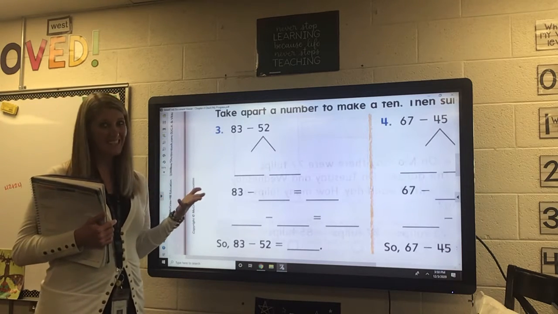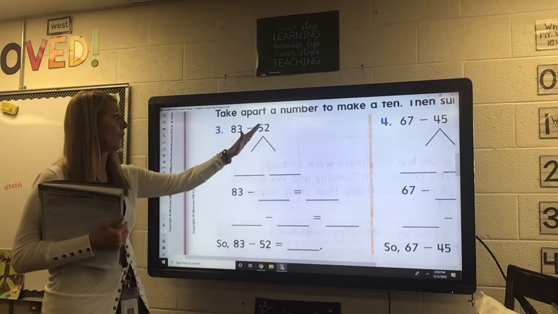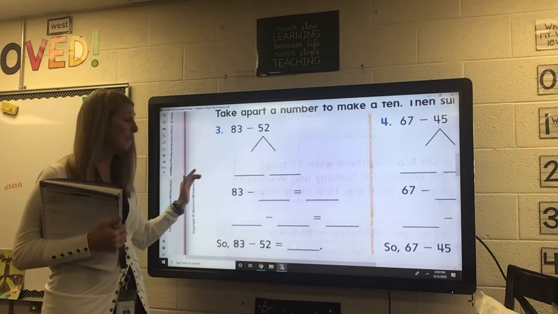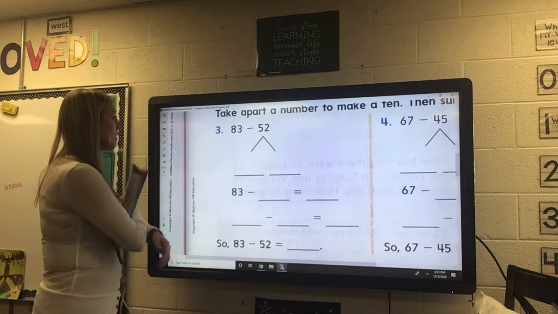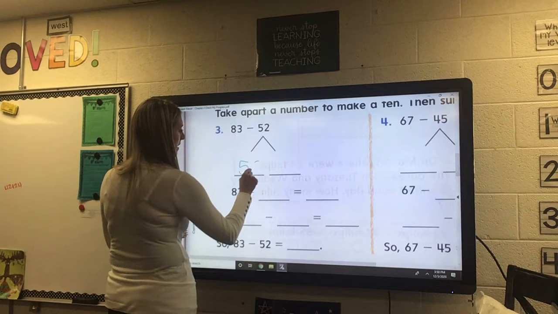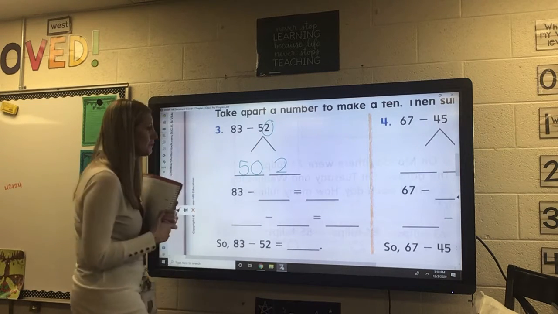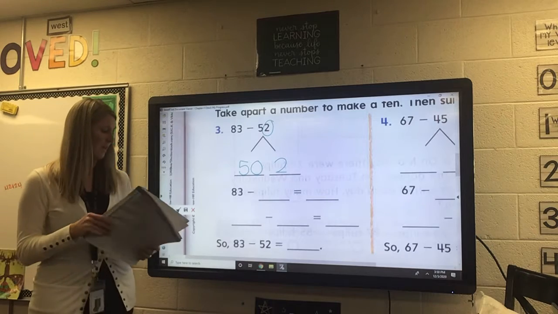Well, I don't want to get it to 60 because that's too high. So I think I want to get it down to 50. If I take 52 and break it apart, I'm going to break it into 50, and then I would have this 2 left. So I put 52 there.